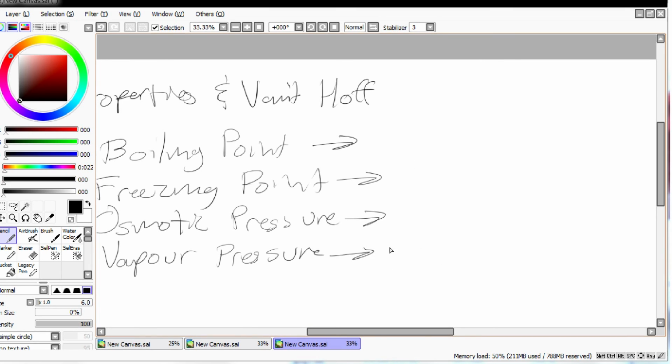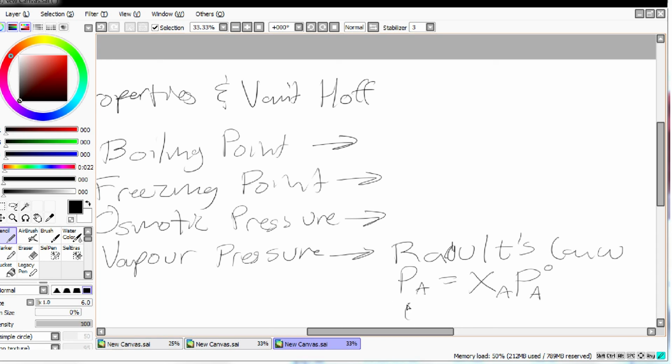So for vapor pressure, we have Raoult's law, which is the pressure is equal to the mole fraction of A times the pressure of A initial.